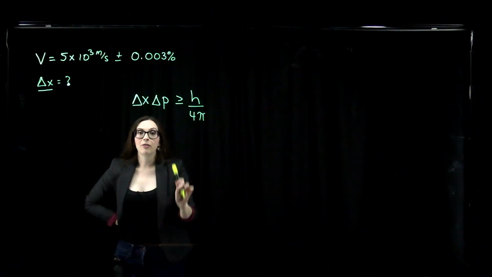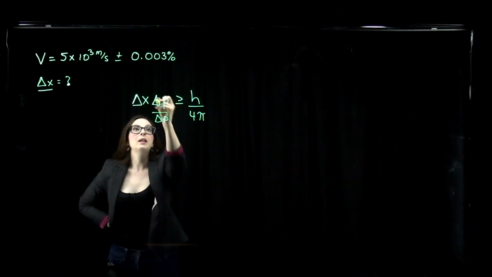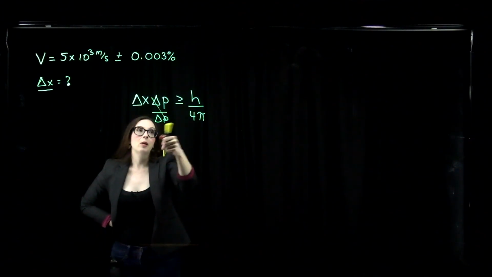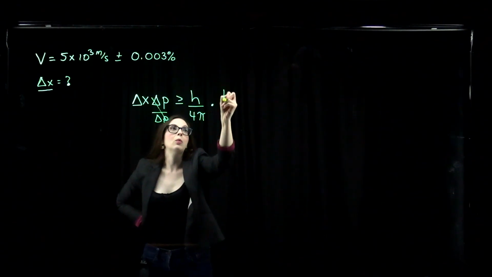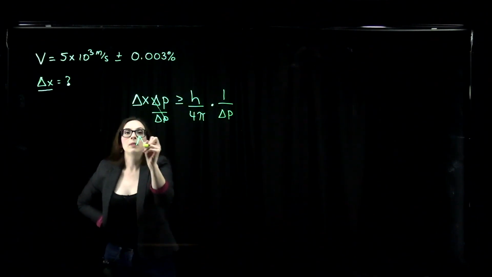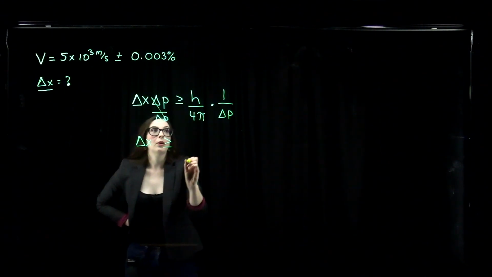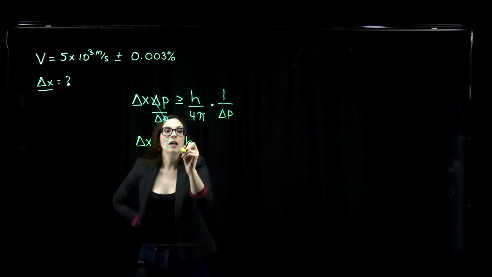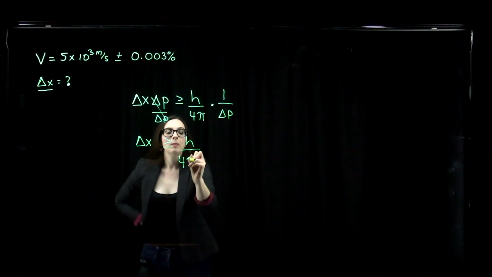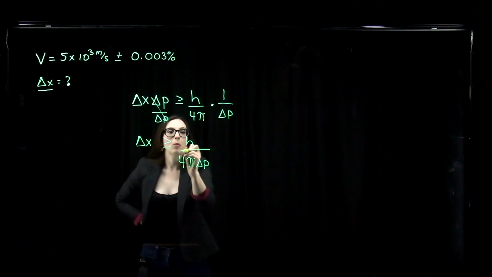To do that, I have to divide both sides by delta p. Dividing by this number is the same thing as multiplying by 1 over delta p on this side. So my uncertainty on the position is going to be greater than or equal to Planck constant divided by 4 pi times our uncertainty on the momentum.